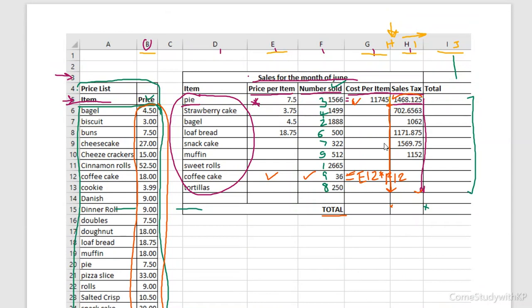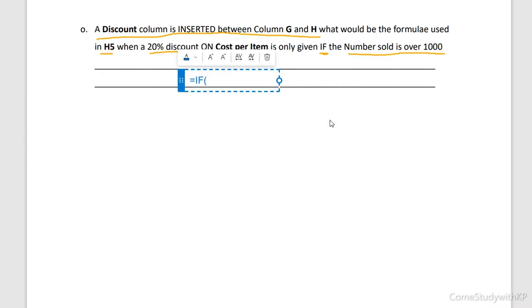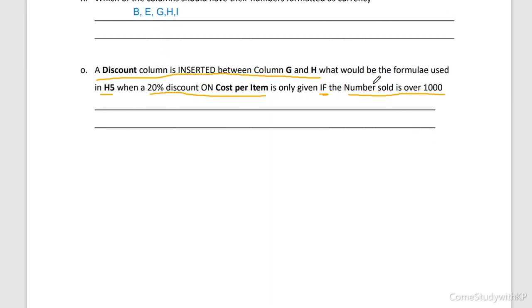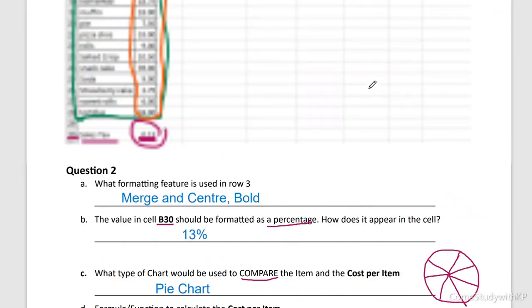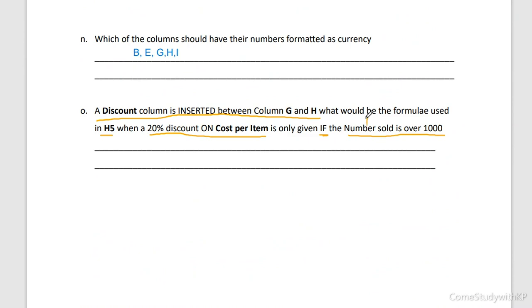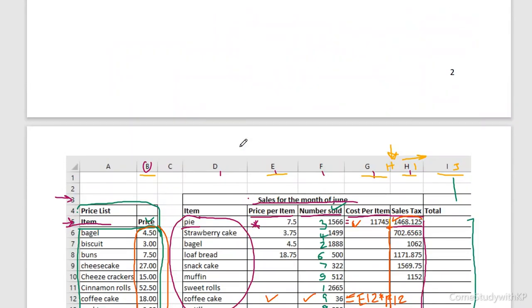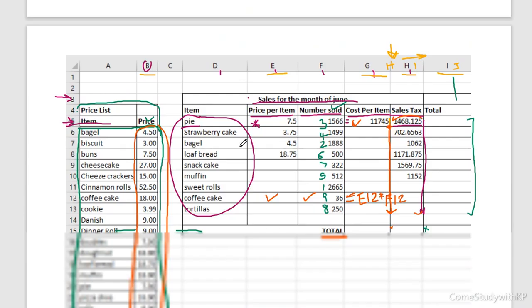So we want to check if the number sold, which is in F. So F5, we're looking at that row 5. So all our numbers are going to be 5. Just the letters will be different. So just to make things a little bit clearer, number sold is in column F. Cost per item is in column G.